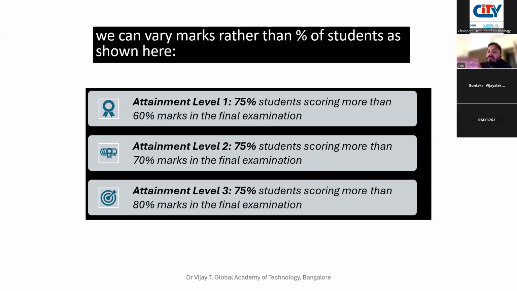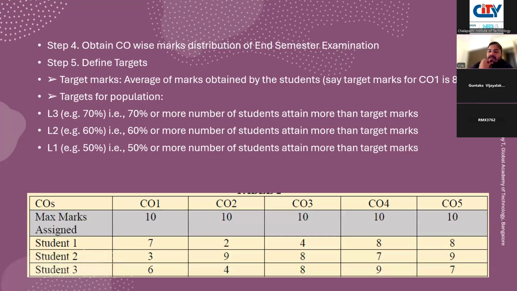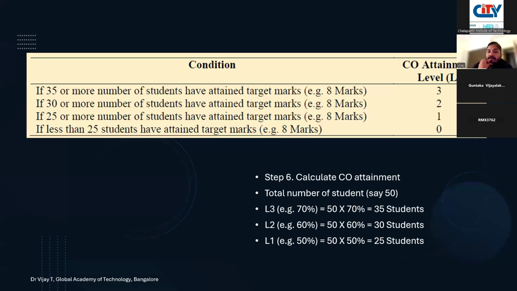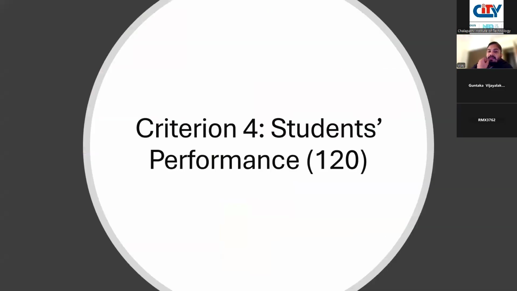So that is a different method, but this is a more evolved method where you have a focus on a larger class to get that attainment. So this is a simple calculation. I'll not go ahead with this because you might have different kinds of calculations being done at your institute for attainment of COs and POs, right?